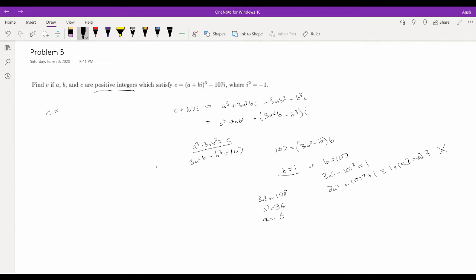Thus, if we plug this into the real part, a cubed minus 3ab squared, we have that c is equal to 6 cubed minus 3 times 6, which is 198. So this gives us our answer, which is 198.